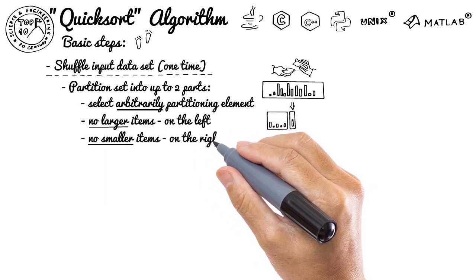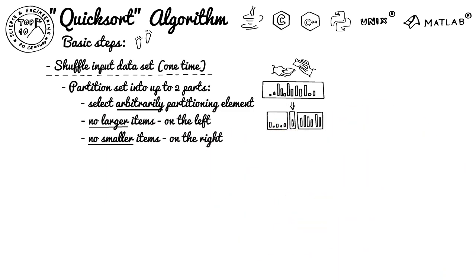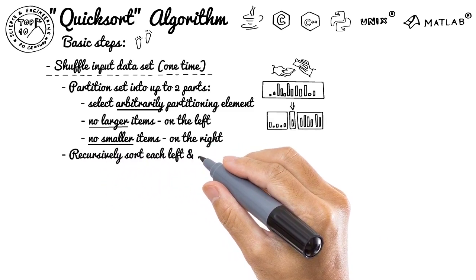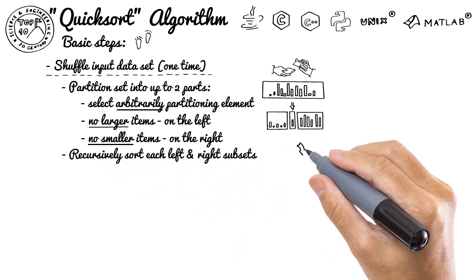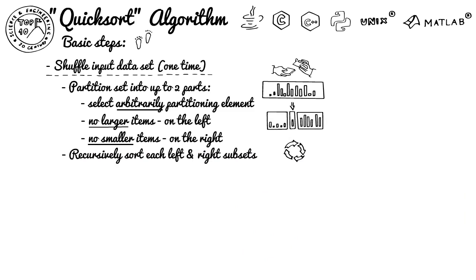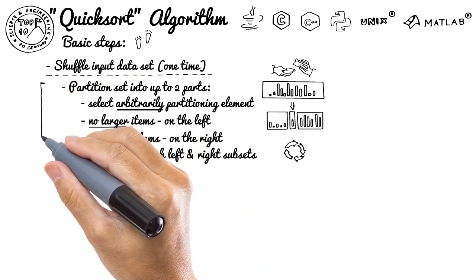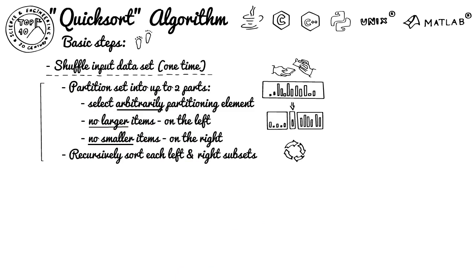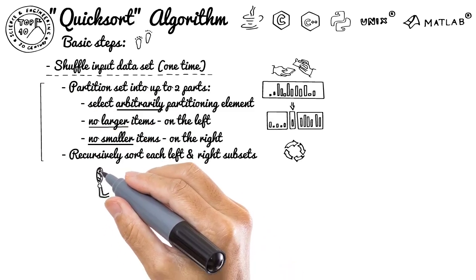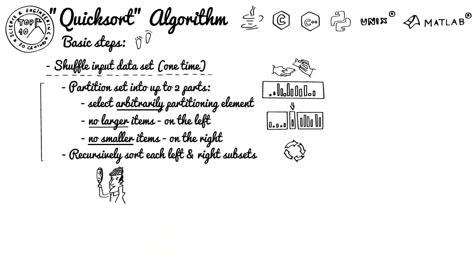No smaller items, if any, to put to the right of the selected element. Sort each, if not empty, left and right pieces of the set recursively. In other words, you go with the same partitioning described in the previous steps for each left and right piece of the dataset, except preliminary shuffling. Let me make a few comments for clarifying design intent.